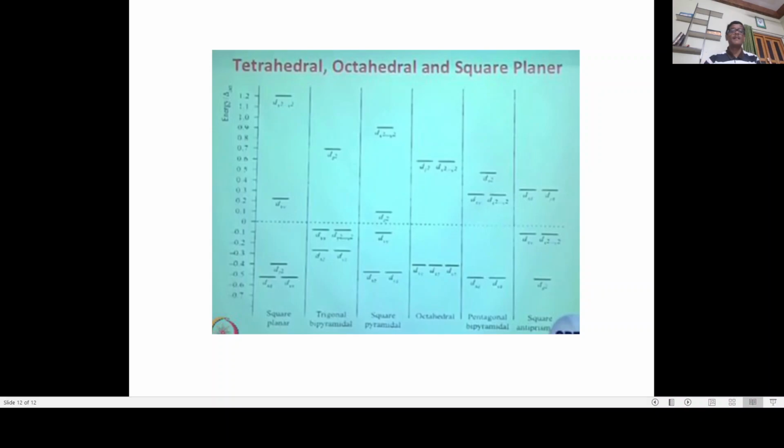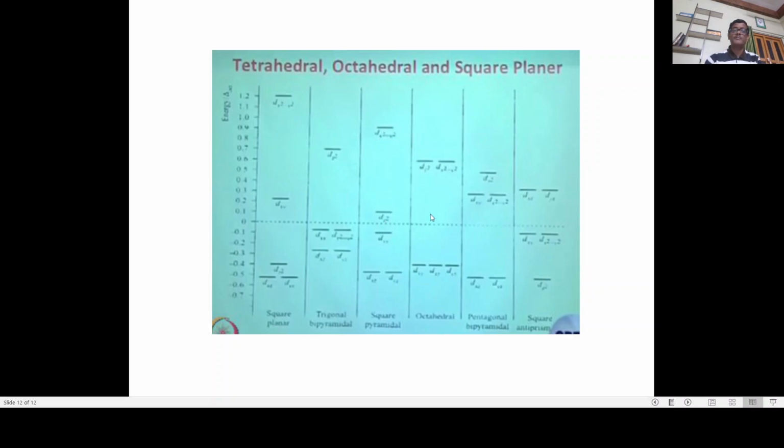If we compare the energy for square planar and tetrahedral, you can find square planar has dx square minus y square highest, and if we have a trigonal bipyramidal structure, this is the splitting. When you have a square planar structure, this is the splitting.